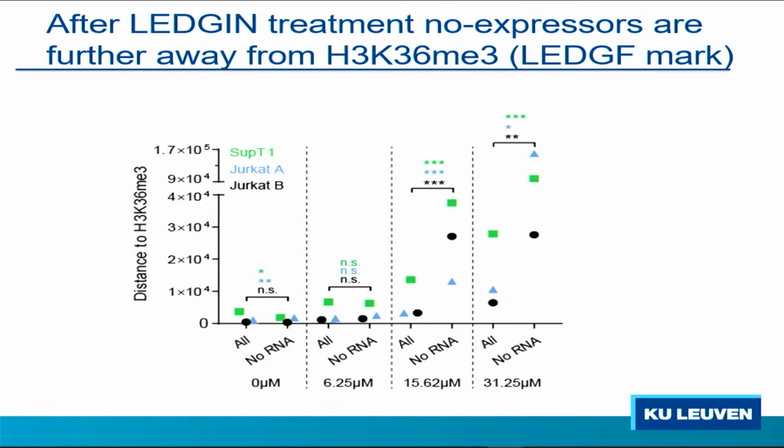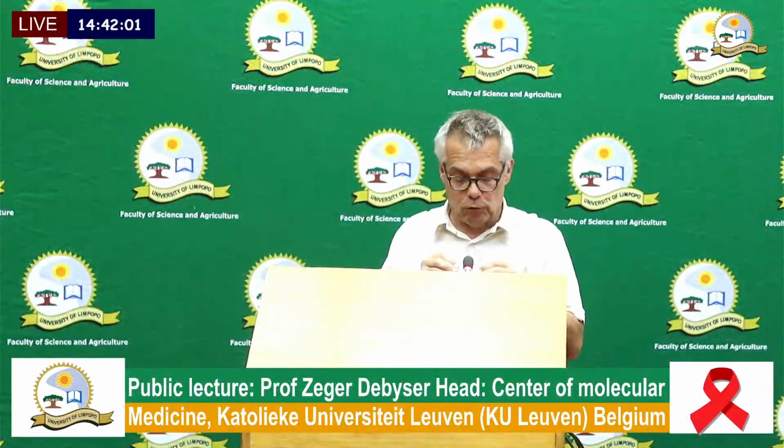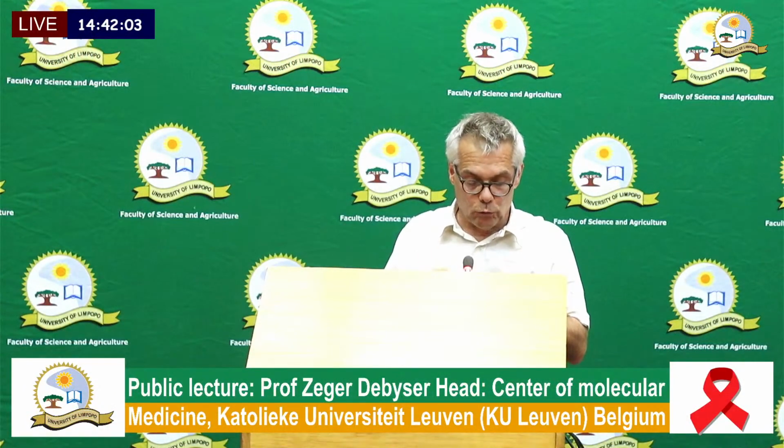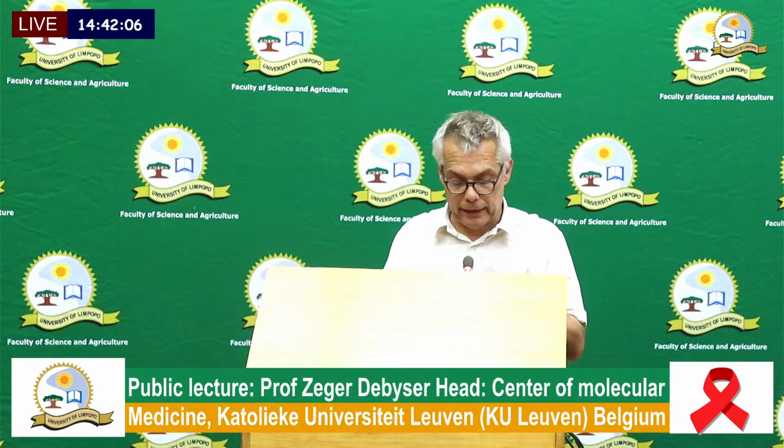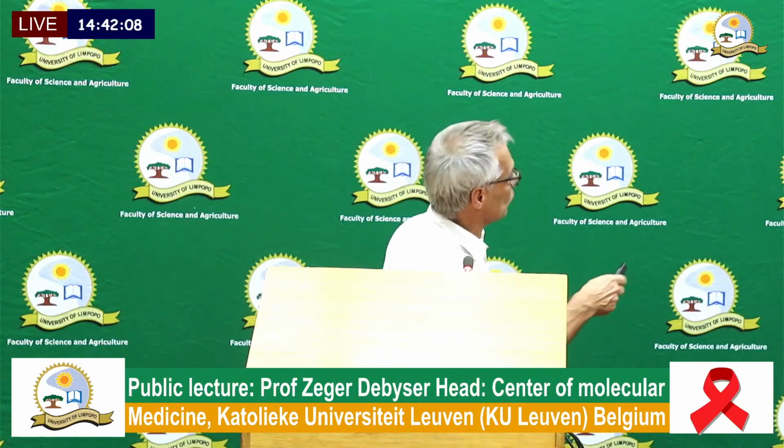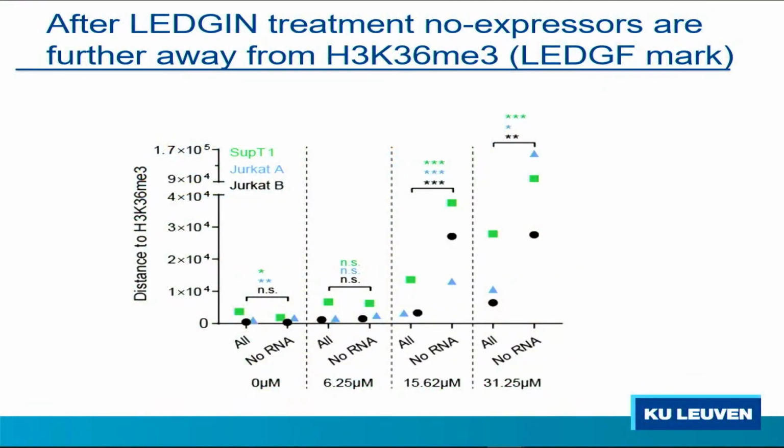I told you that LEDGF recognizes the specific H3K36me3 mark. We can actually determine the distance of the provirus to this mark. And so we see that in the absence of ledgin, for the barcodes that are transcriptionally active or not active, there is no difference. It's non-significant here, meaning that all viruses that integrate are close to the LEDGF mark.